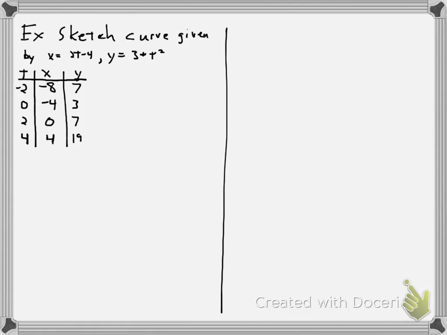Let's try to plot these points. Here's our x-axis, here's our y-axis. So we have the point 4, 19. I will mark off here 4, and 19, let's say, is way up here.